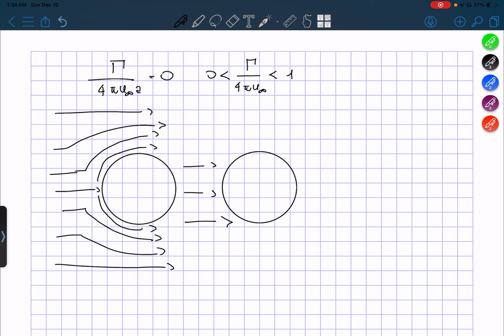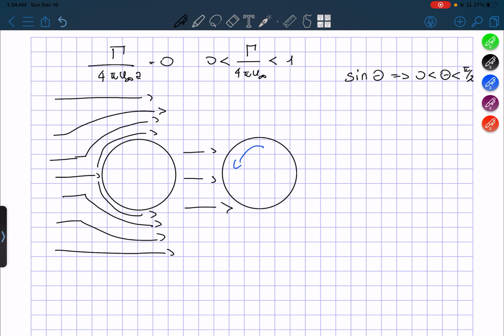In this case, our rotation is present and positive, so it's going to go in this direction, but it's small enough that our sine of theta will yield a theta in between 0 and pi over 2. So it would be positive, so yes.